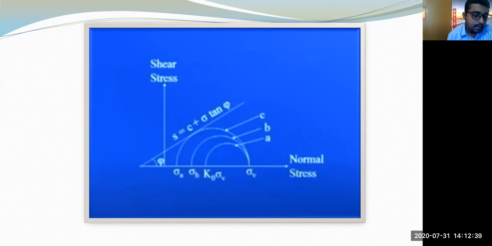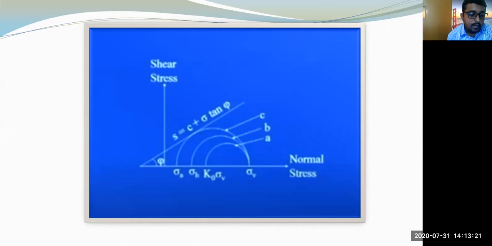The vertical stress is not going to change at that particular depth, so corresponding to the wall movement, sigma h will change and differ from sigma h at rest. The Mohr circle will start moving from right to left, and as the movement of the wall increases, there will be a situation where the Mohr circle touches the Mohr-Coulomb envelope.